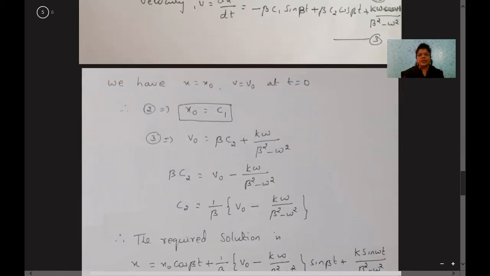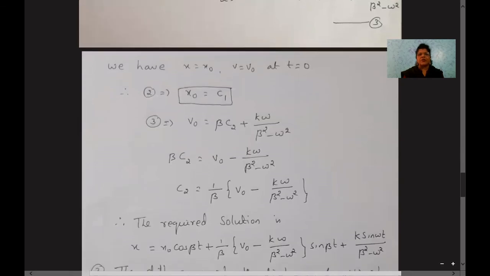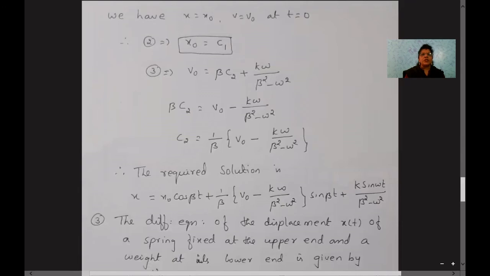Now the initial condition let me apply. What is initial condition? X is equal to x naught, v is equal to v naught, at t is equal to 0. So equation number 2 will be, when you substitute x as x naught and t equal to 0, we will get C1 is x naught.